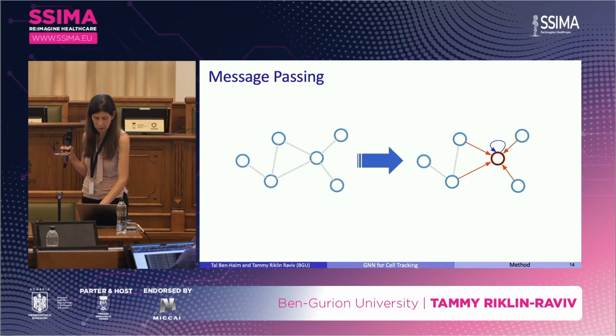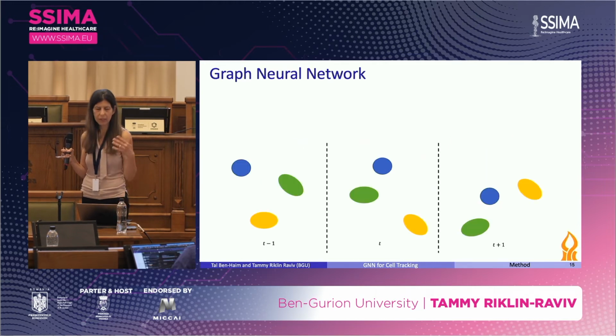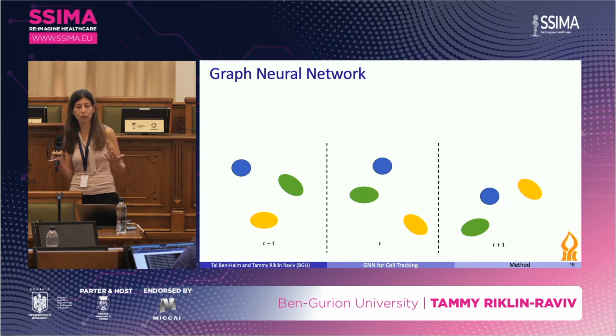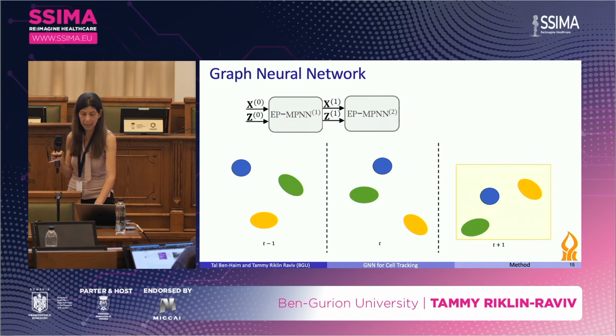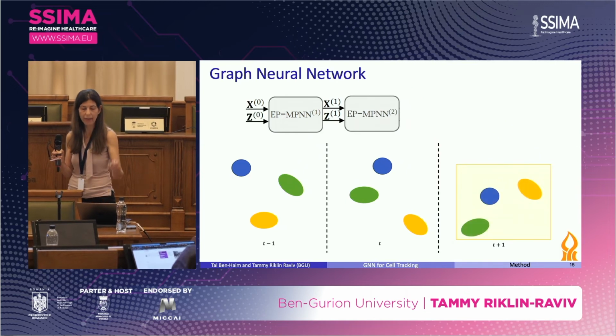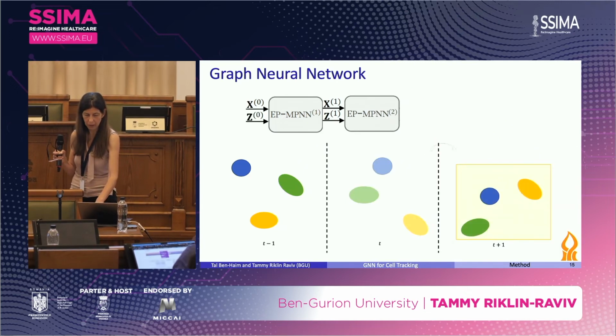Just to demonstrate that, here you can see an illustration of 3 consecutive frames, and this is the first block. We can see that one frame influenced the other. But if we add a second block, we have a second form of interaction.